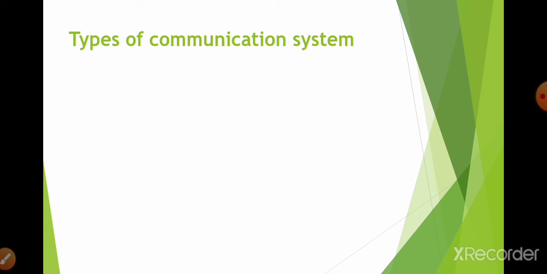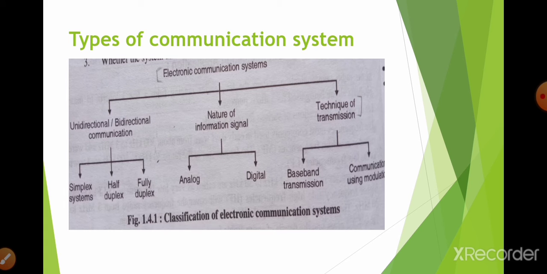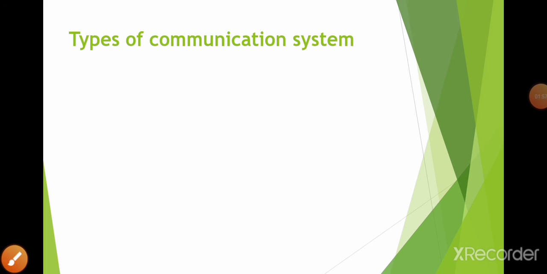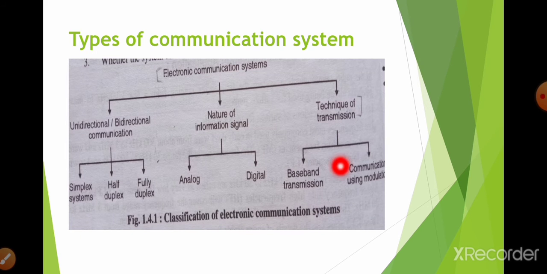Let us move towards the types of communication system. This flow chart, this tree diagram, gives us the types of communication system. Basically, the communication system is divided into three categories. The first one is the communication system according to the direction.